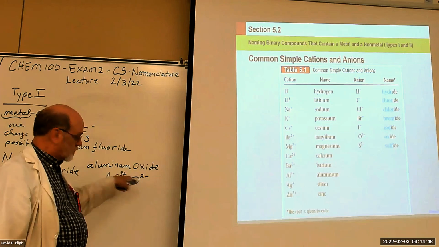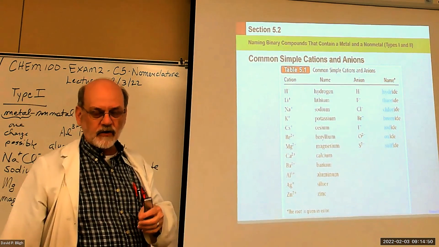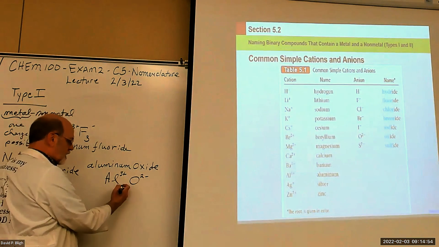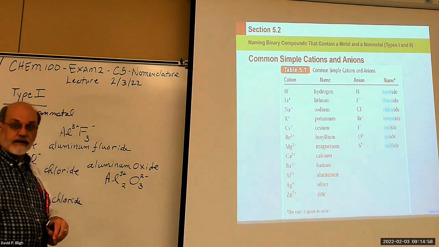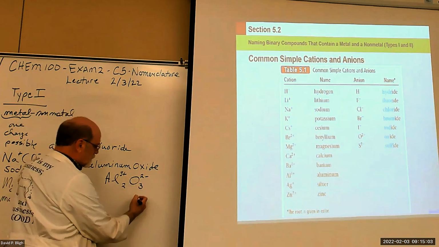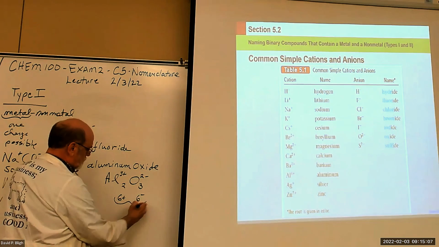When you're faced with this situation, the best way is to use a math trick called cross multiplication. So I bring the 2 over here, bring the 3 over here. And then check yourself. Be sure it's right. 3 times 2 is 6 minus. 2 times 3 plus is 6 plus.